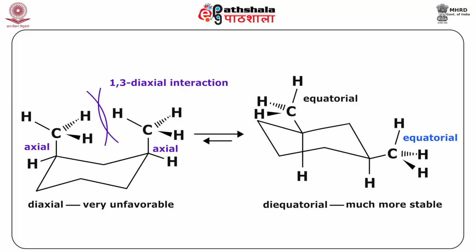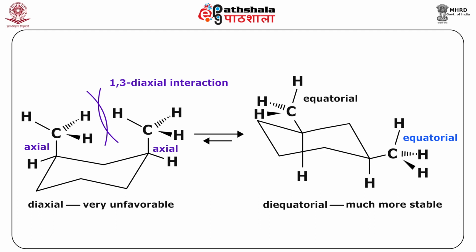As both the methyl groups lie on the same side of the ring and at 1,3 positions, they suffer strong strain due to axial methyl axial methyl interactions, known as 1,3 diaxial interaction, as compared to axial methyl axial hydrogen interaction in monosubstituted methyl cyclohexane.